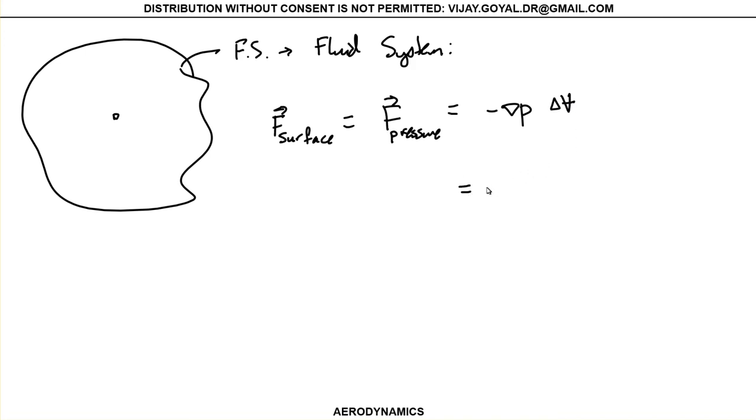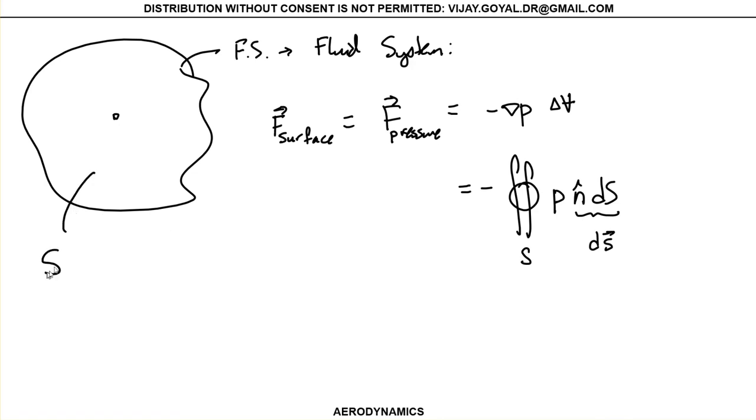So what we can write in the integral form, which is what we use more typically, is minus the closed integral of P dS. Just remember that this term right here is the same as saying this is the vector S, where this is the surface area. So it's the enclosed area on which all this is acting. We're going to call it S.